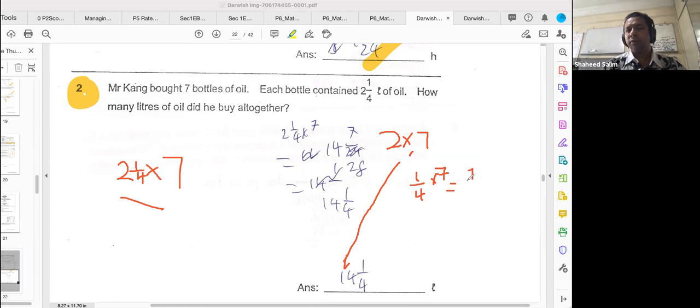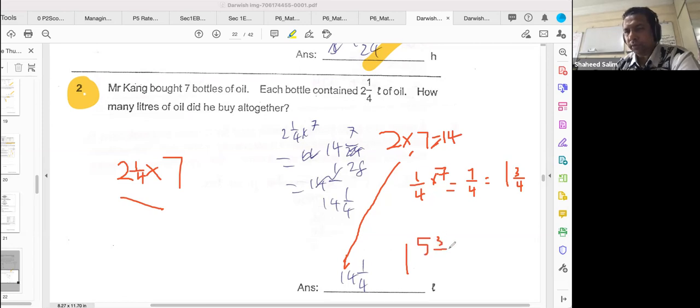So you get 7 over 4. 7 over 4 is 1 3/4. So what do we do? You add these two. I'm showing you 2 ways. Take 14 plus 1, 15, 3/4. This is the same as 15.75.